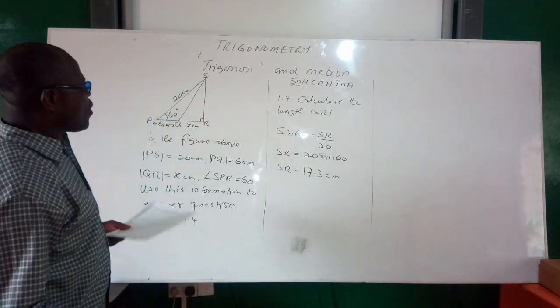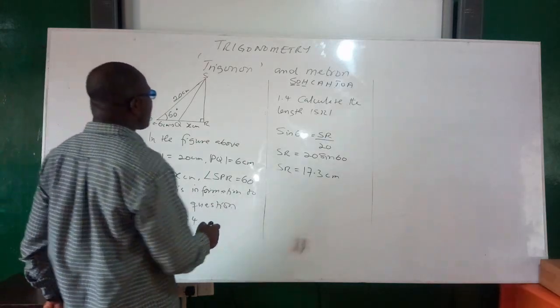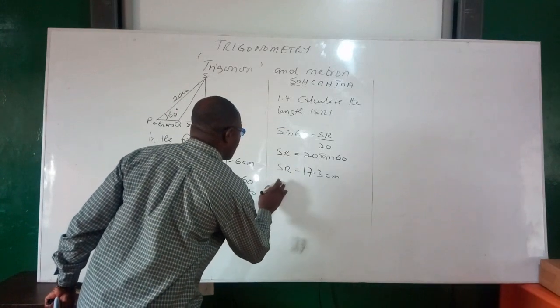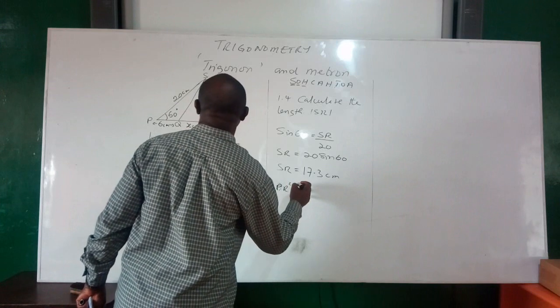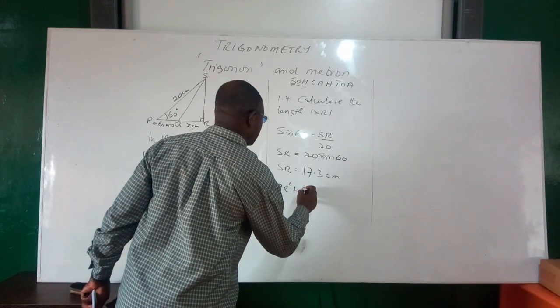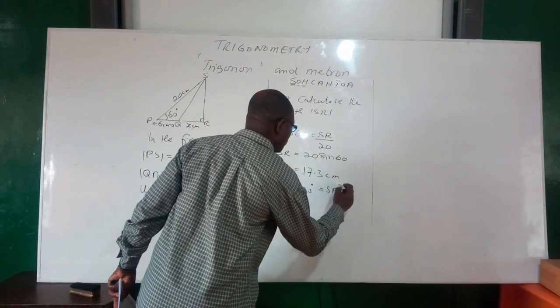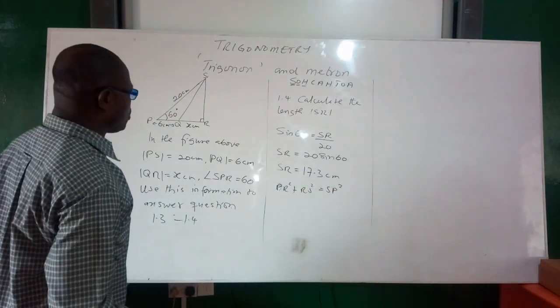Let's see. If we were to consider Pythagoras theorem, then PR square plus RS square should be equal to SP square. That is from Pythagoras theorem.